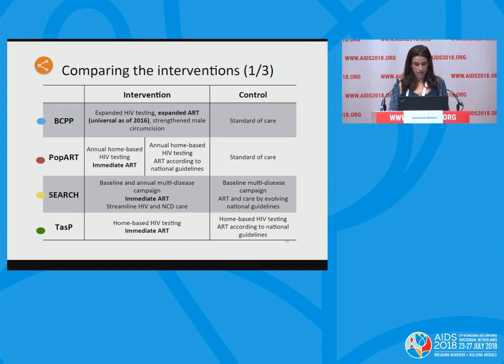Immediate ART, however, so universal ART, was implemented only within the communities in the intervention arm. SEARCH and BCPP also expanded the content of their intervention package by including comprehensive HIV prevention services, and also in the case of SEARCH, multi-disease services, so screening for HIV-associated diseases and non-communicable diseases.